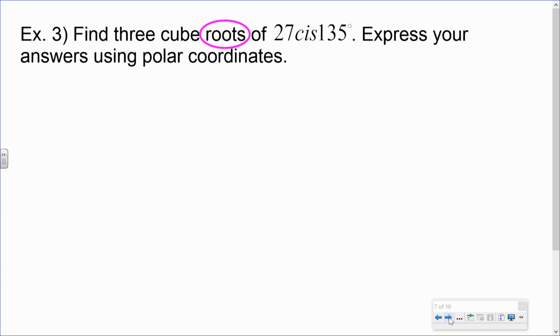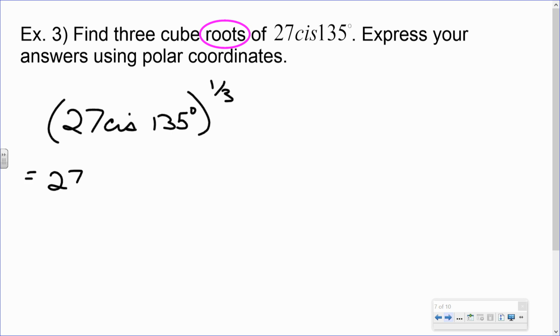So if I want 3 cubed roots, I'm not taking this to the power of 3. I've got the exponent of a third. This one's going to be nice, easy, fast, because it's already in polar form. So I want 27 cis 135, and I want to take that and take the cubed root of it. So I'm still going to use DeMoivre's.